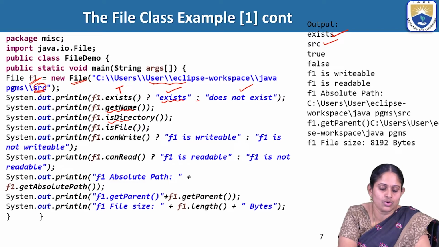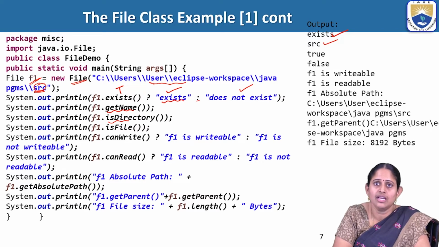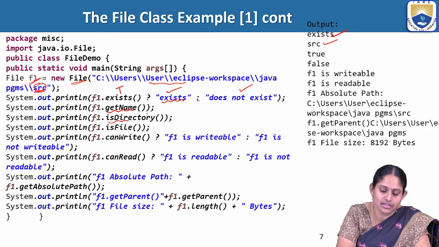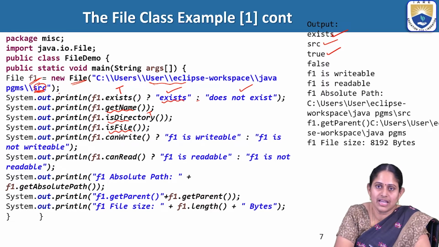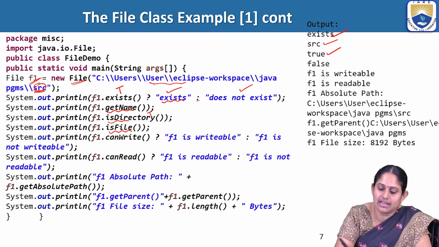In my case, source is a folder, so this will return true. Now the isFile method will check whether the given object is a file or not. As this source is a directory, isFile will return false.